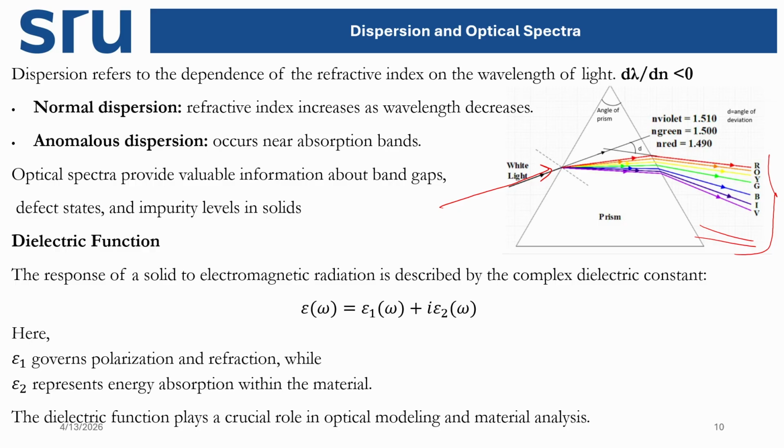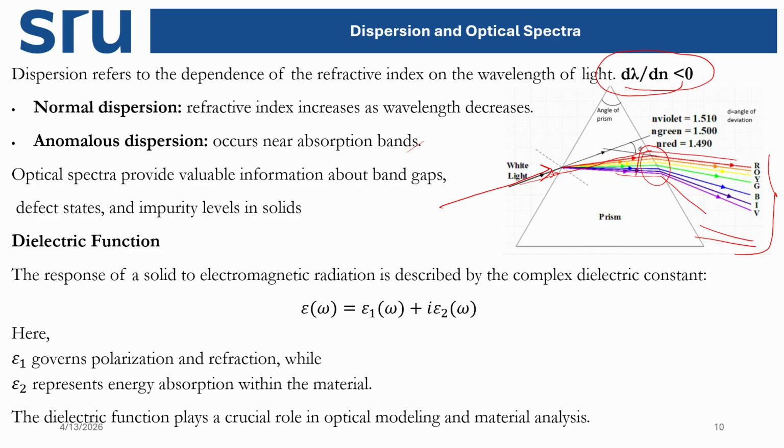So when the value of d lambda by dn is less than 0, what is happening? Let's see how much the light is bending. White light comes in, and after passing through the prism, the blue light, which has a smaller wavelength, bends much more, whereas the red light, which has a higher wavelength, bends less.